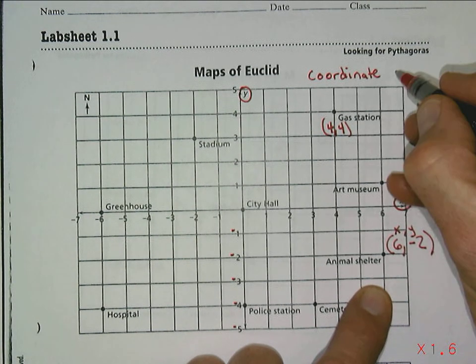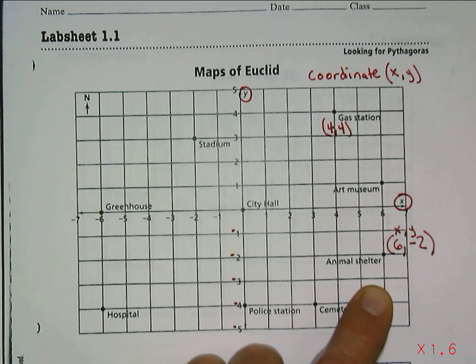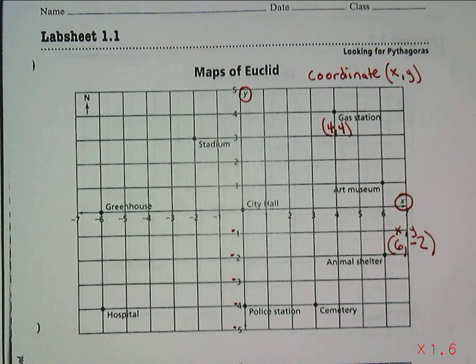In a coordinate, we have an x and then a y. So I can locate any point on the coordinate plane by using these two numbers or a pair of numbers. If I only use one number, I can't find a specific location.